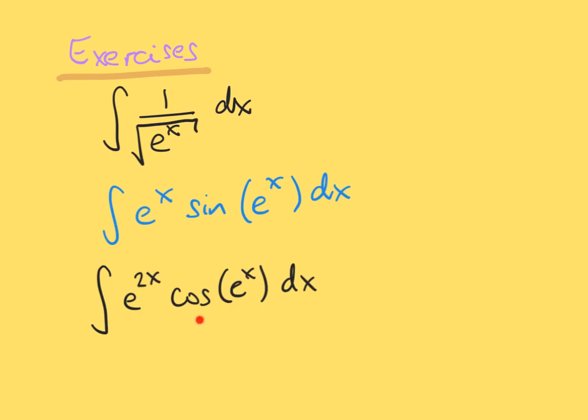And this one here, this is not the derivative of this, but you can imagine that you'll try to set this as your new variable and that this is related to the derivative. So the derivative of e to the x is e to the x, so you're going to have here e to the x times e to the x from the rules for powers. So you're going to end up needing to use parts. Okay. In a moment, I'll write the answers down.